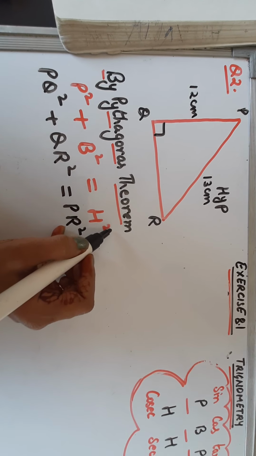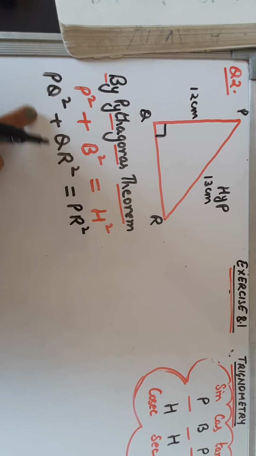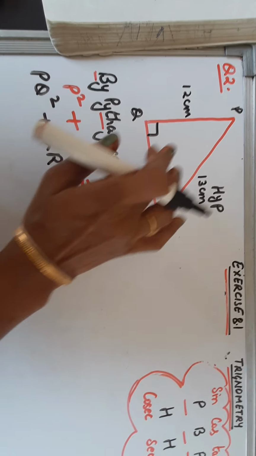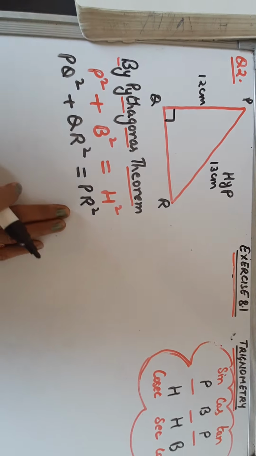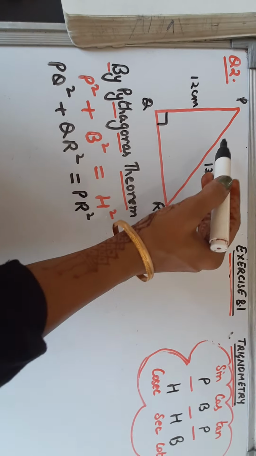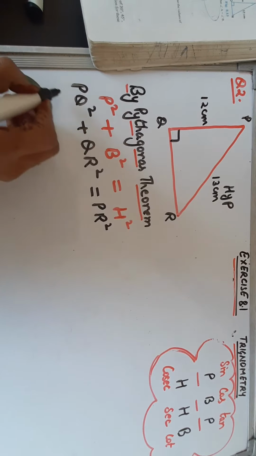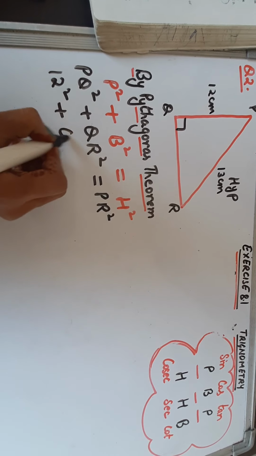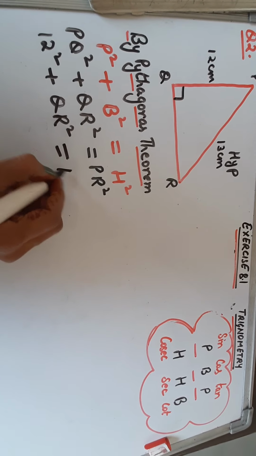So the first step will be, we will find out the third side by using the Pythagoras theorem. The result is hypotenuse square is equal to perpendicular square plus base square. Till now, dear students, you can assume any side as perpendicular or base, because we are not looking at trigonometric ratios yet. So we will write PQ square plus QR square is equal to hypotenuse PR square. So let us put the values. PQ is 12 square plus QR square, PR is 13 square.